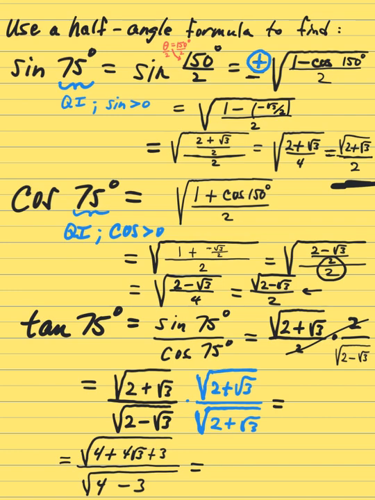All right. On the denominator, we really catch a nice break. 4 minus 3 is 1. Square root of 1 is 1. So we get a 1. Under the top radical is 7 plus 4 square root of 3. And then divided by 1, it's going to stay the same.